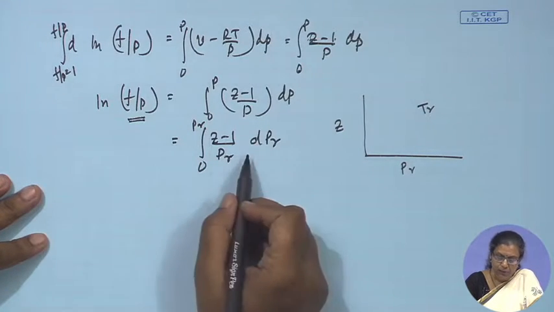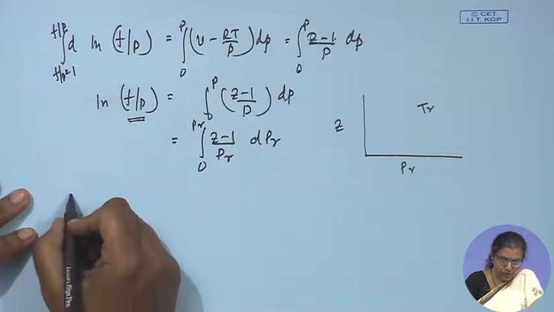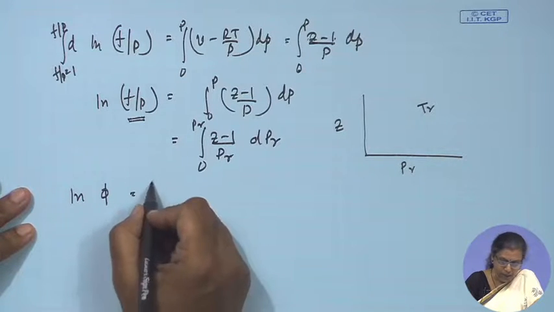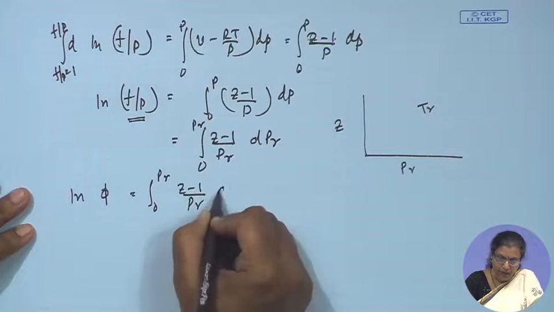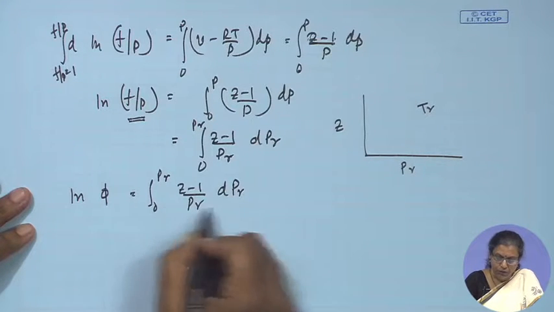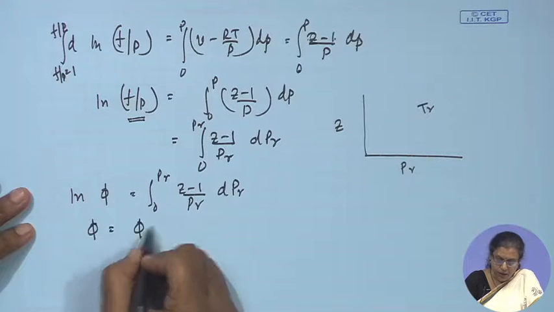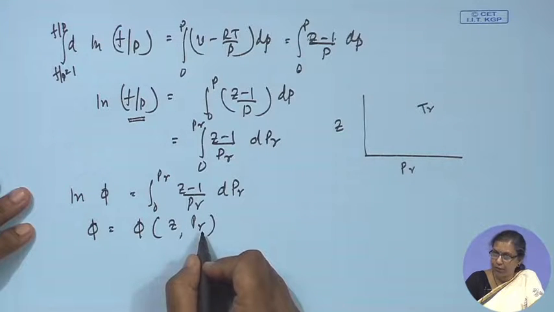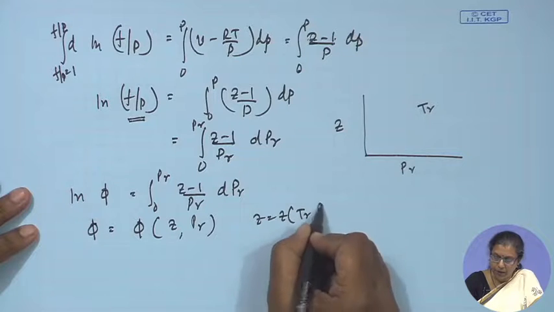If you observe this equation very closely, there is another interesting thing that you find. When we write this equation in the form of the integral from 0 to pr of (Z minus 1)/pr dpr, we find that phi is a function of Z and pr, and we know Z is a function of tr and pr.